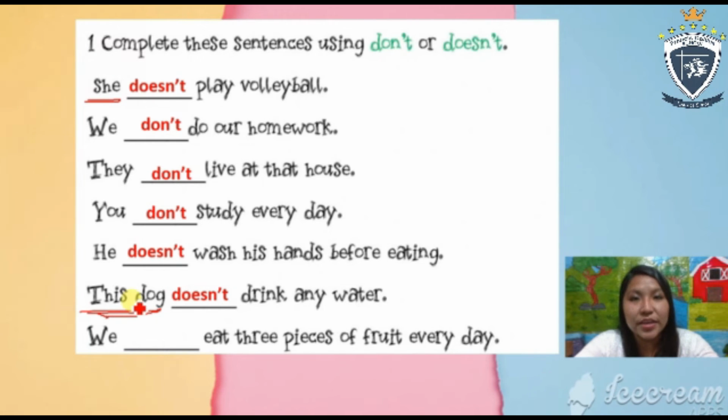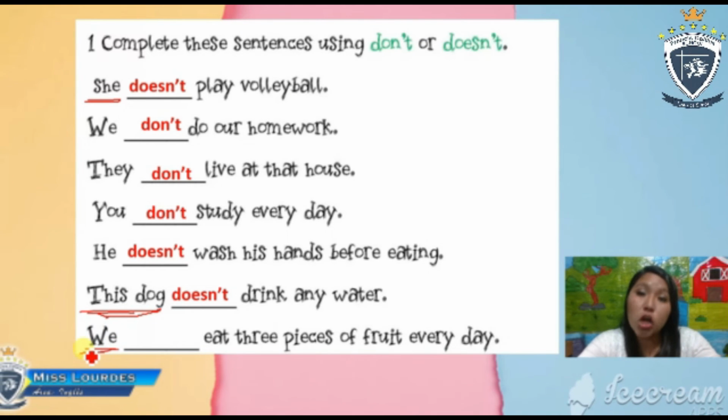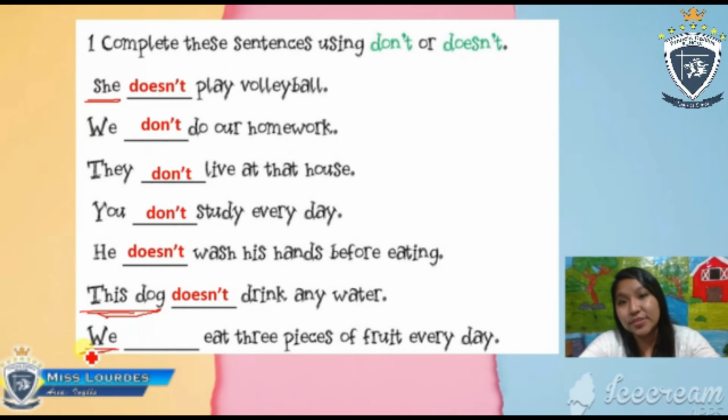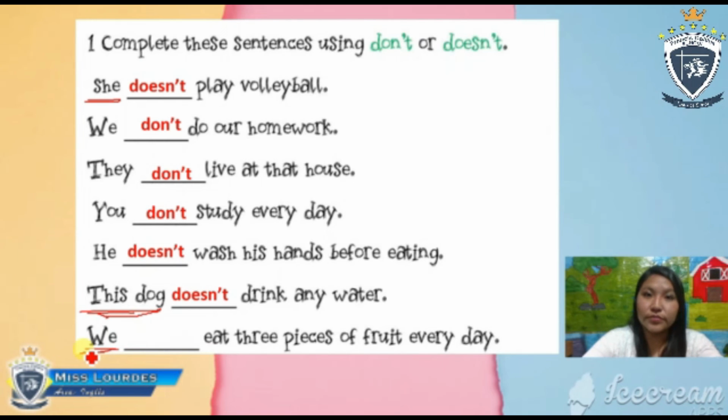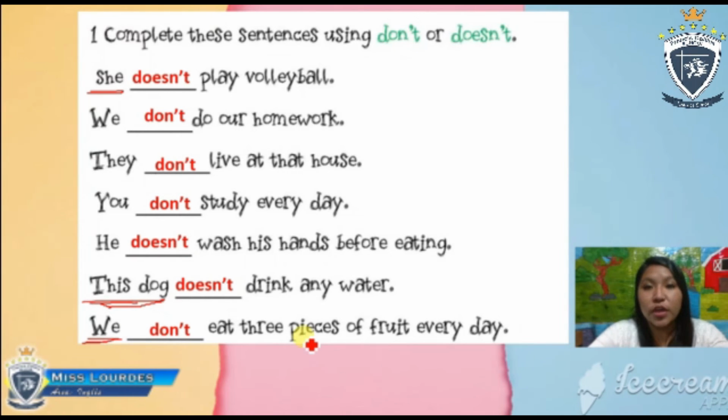This dog está en el lugar de it. Entonces diríamos, this dog doesn't drink any water. Okay, the last one here, we don't or we doesn't? What do you think? We doesn't? No. Entonces es we don't. We don't eat 3 pieces of fruit every day.